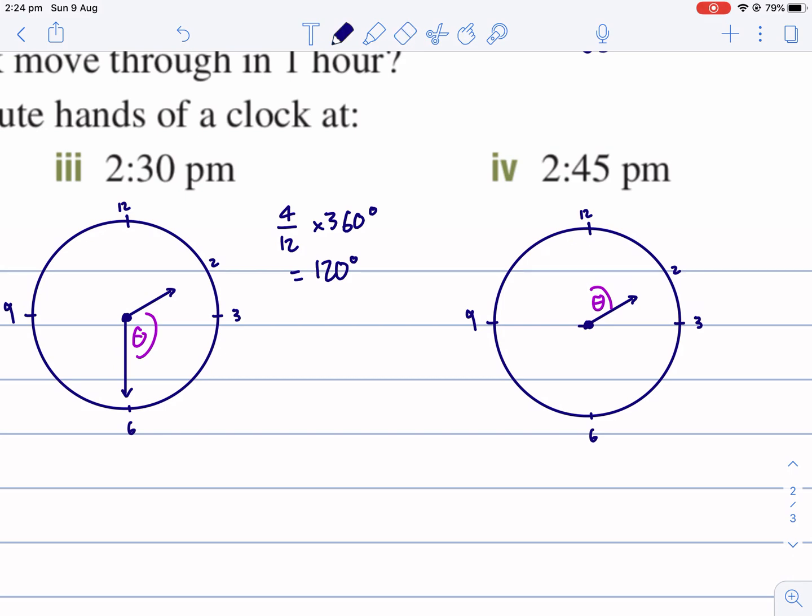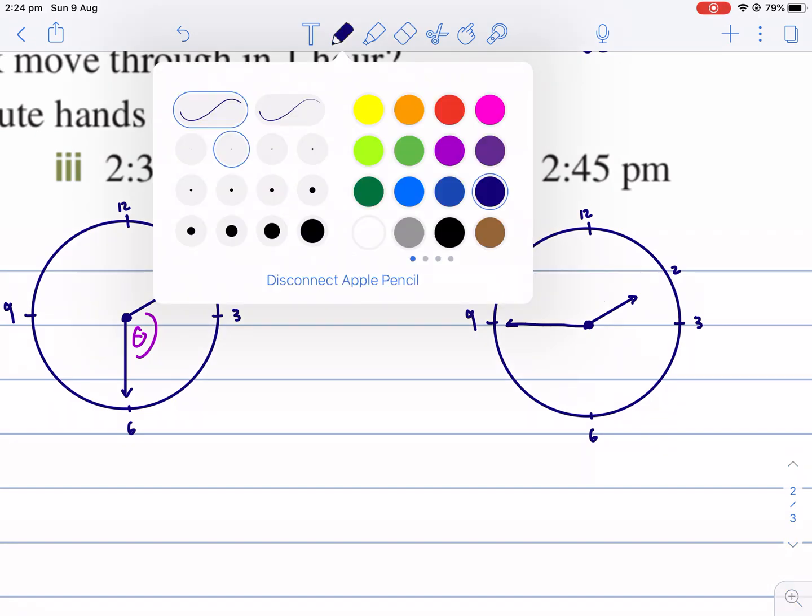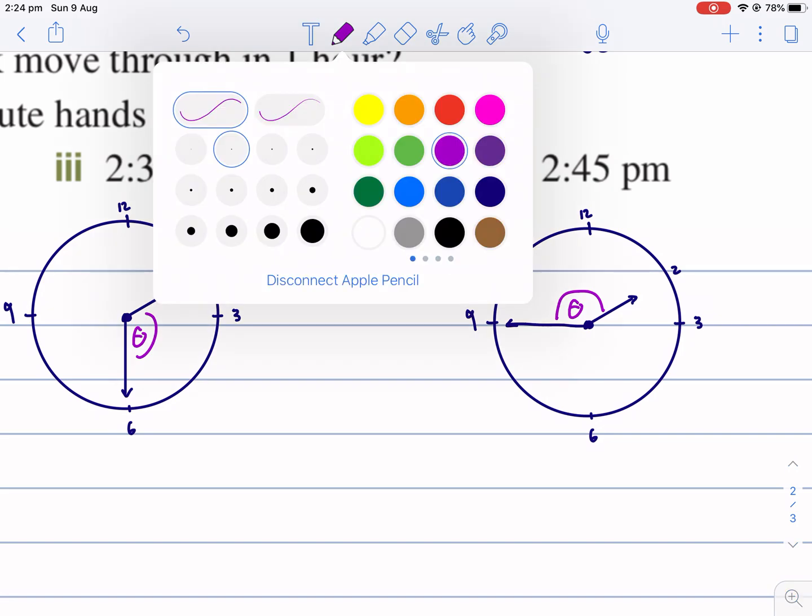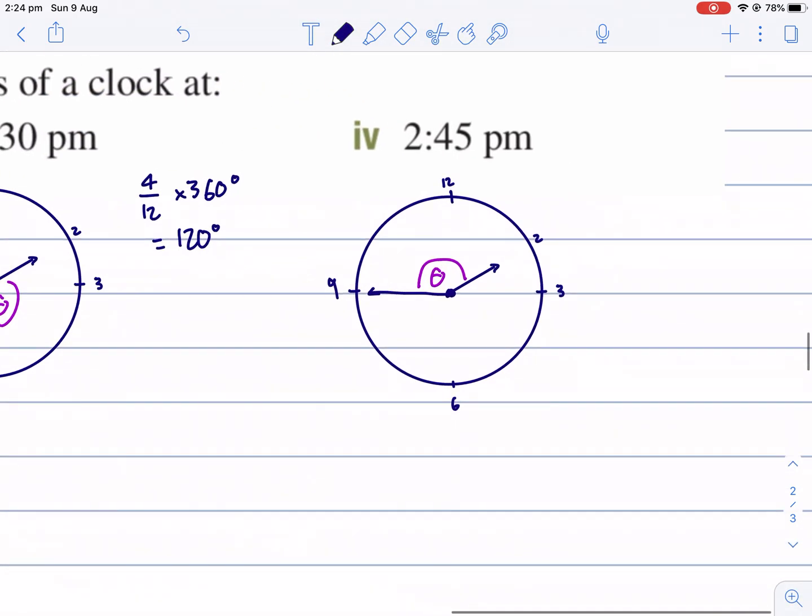The hand's pointing this way. So we've got 5/12 lots of 360, which is 150 degrees between them.